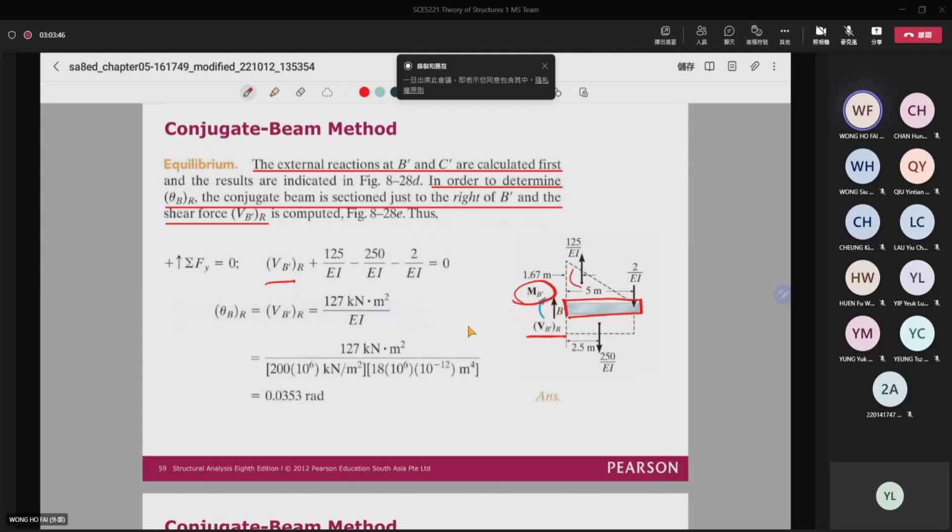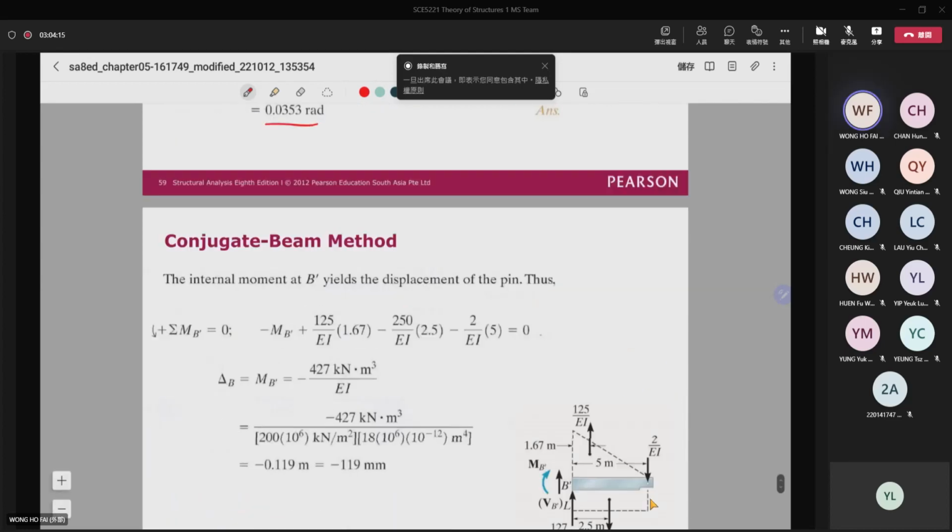And then the triangular area is equal to 125 over EI. And then the rectangle here is equal to 250 over EI. And 2 over EI here is the support reaction. I can find that the rotation on the right-hand side is 127 over EI. And I substitute the value and then I can find the rotation.